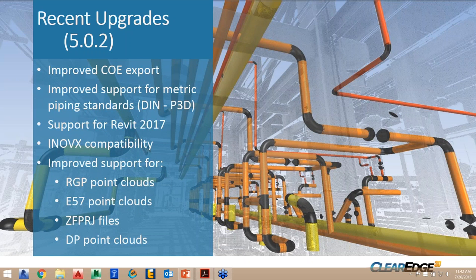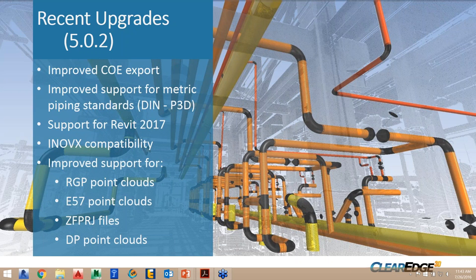So right before we go to the Q&A session, let me just talk for a minute about some of the things that we've been working on on the EdgeWise side, just to give you an update and talk about what's going to be coming in the not too distant future. Some of the more recent things that have gone into the latest service patch include an improved COE export.